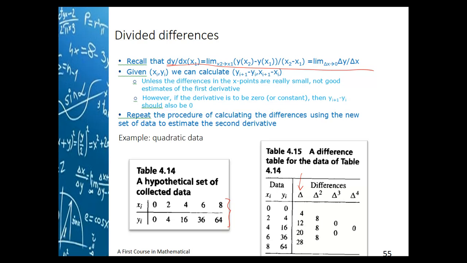Your first difference is just the difference between your distance, depending on your axis. This 4 comes from 4 minus 0 divided by 2 minus 0, right? That's why you get 4 over there.